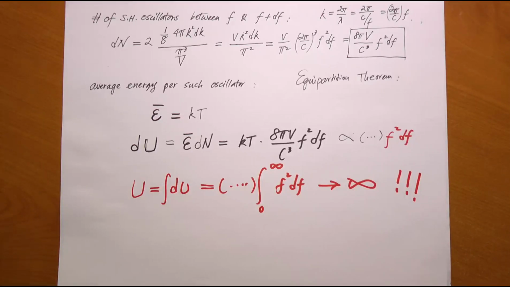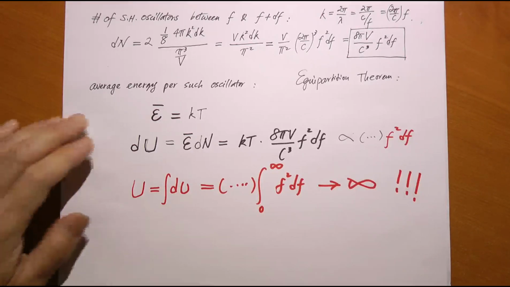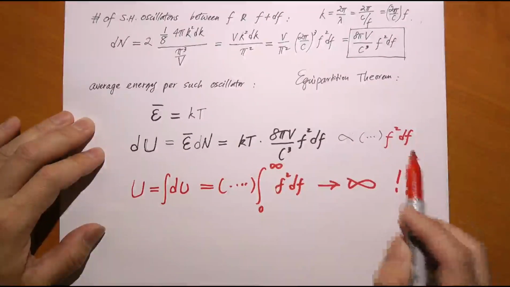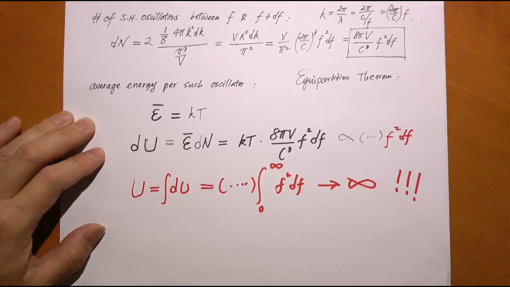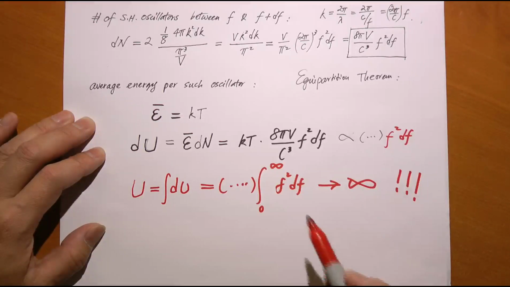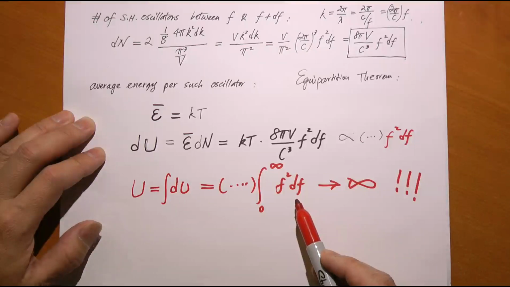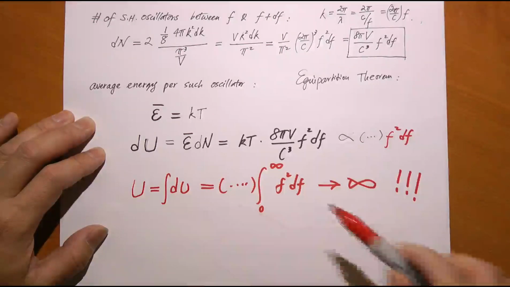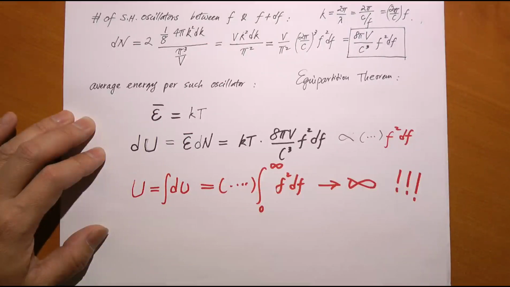Now we know this is totally wrong, and this happens primarily because of high frequency contribution. If you look at visible light as a reference, then the immediate region higher than visible light in frequency is called the ultraviolet region, and for this reason we call this the ultraviolet catastrophe. It's a catastrophe because we're not just getting 30% error or whatever, we get an infinite result, which is totally wrong.